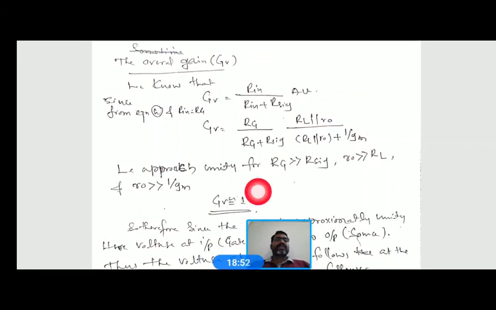Further, if R naught is also greater than 1 by gm, then 1 by gm is neglected here, and this equation becomes 1, right?